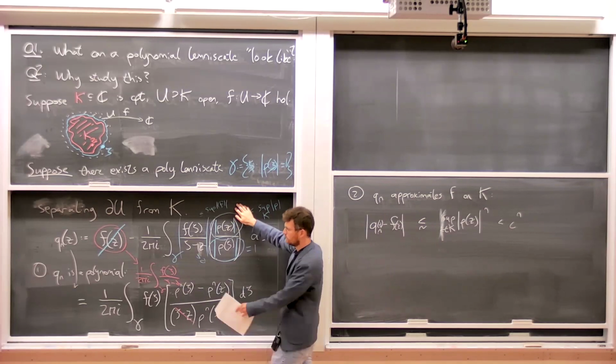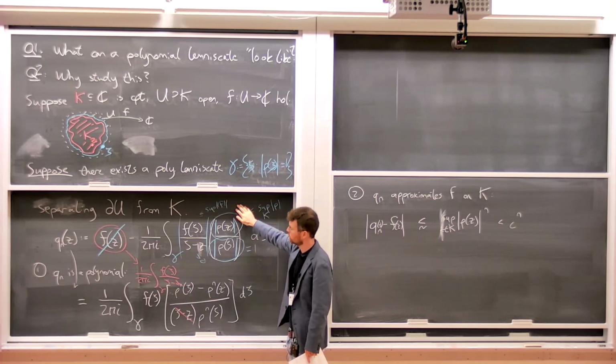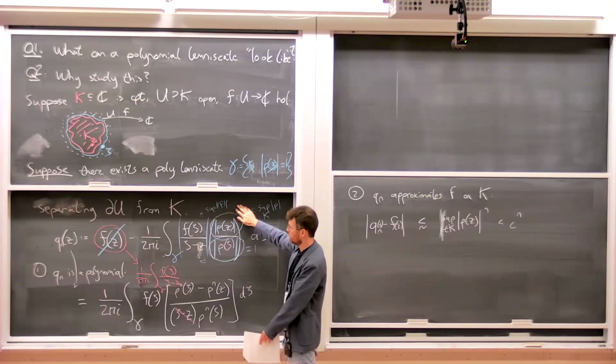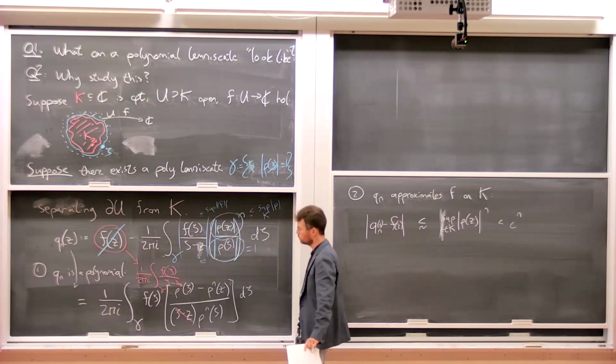In that case, this exactly gives you an integral formula for the Lagrange interpolating polynomial. So if you have a function and you want to approximate it by a polynomial which agrees with the function, or interpolates it, at n points, you can write that polynomial as this integral formula.